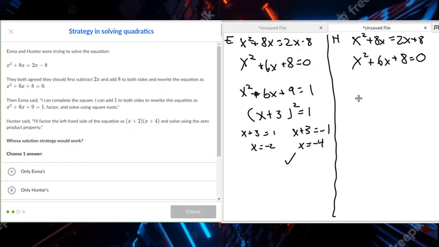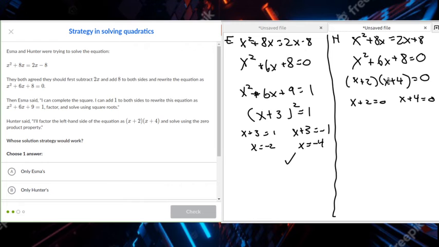And Hunter said, I'll factor the left side of the equation. Probably what I would have done. x plus 2 times x plus 4. And he's factored that correctly. We've got 2x plus 4x is 6x, and 2 times 4 is 8. So we can say x plus 2 is equal to 0, or x plus 4 is equal to 0 using the zero product property.